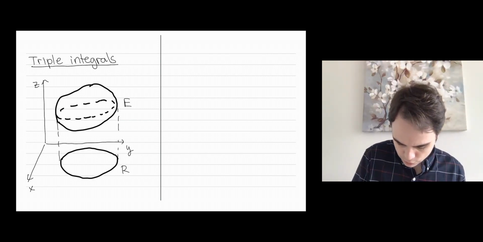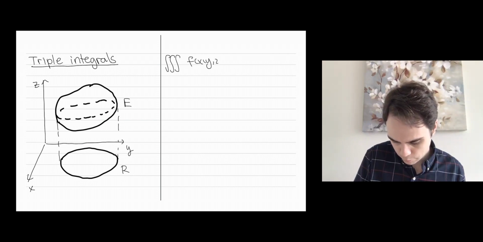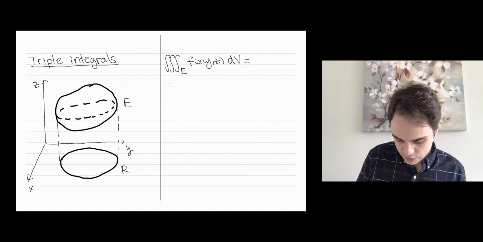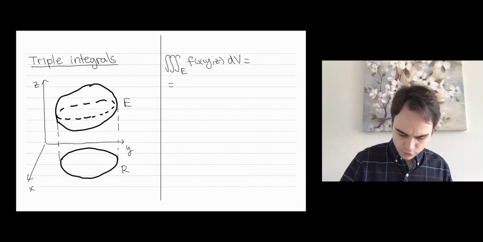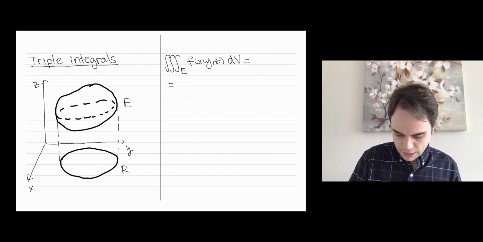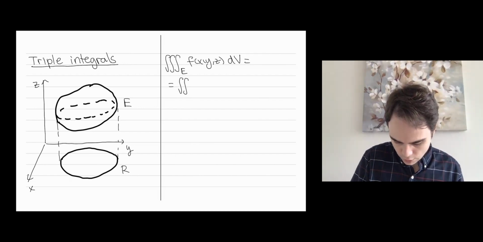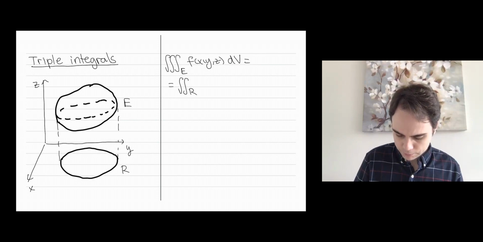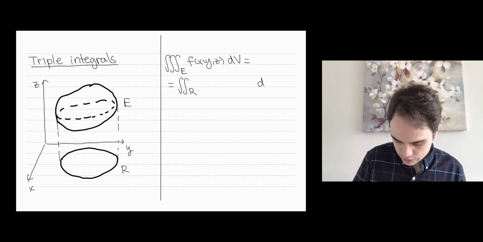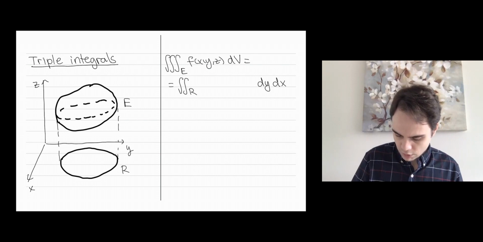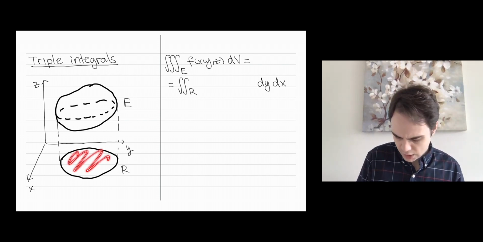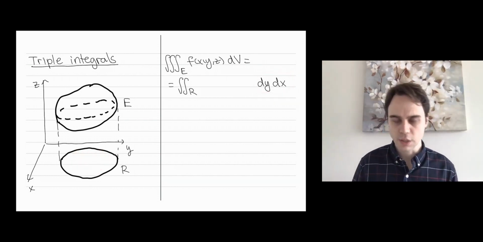To set up the triple integral of a function f of x, y, z over E, we can use Fubini's theorem for triple integrals. This says that I can set it up as a double integral over the projection R, in the order dy dx or dx dy, it doesn't matter.